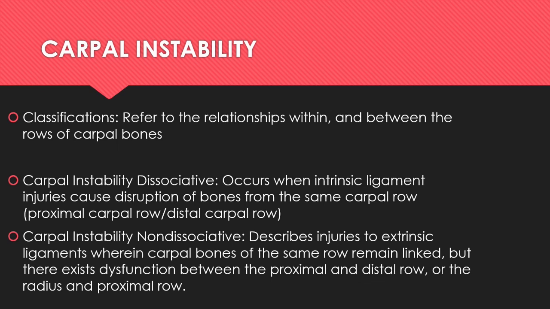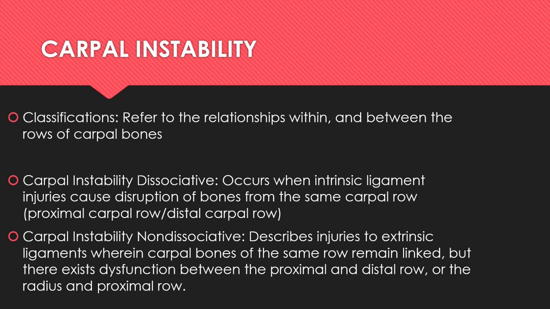So I want you to imagine the wrist as involving the distal radio-ulnar joint and its articulation with the proximal row of carpal bones, and then also the articulations involving the proximal row of carpal bones with the distal row of carpal bones. And I have a diagram to help illustrate this in just a minute.